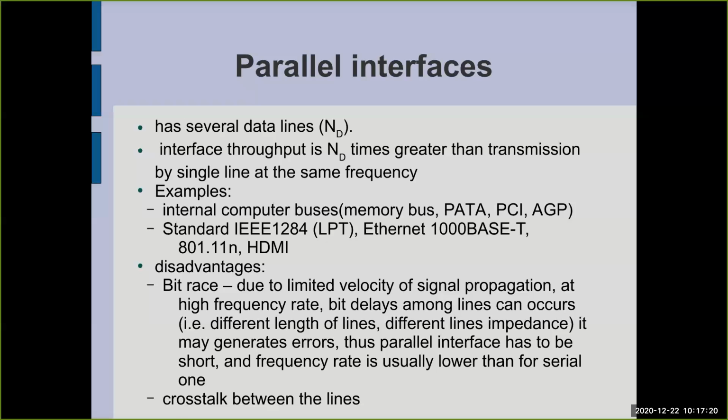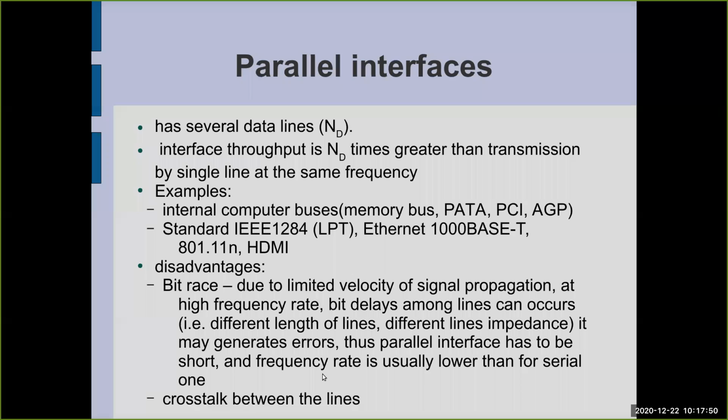The second problem when we talk about parallel interfaces is crosstalk between lines. If we have high frequency, the edge or the change of the level is very rapid, and it may induce some current and potential in a neighboring line.